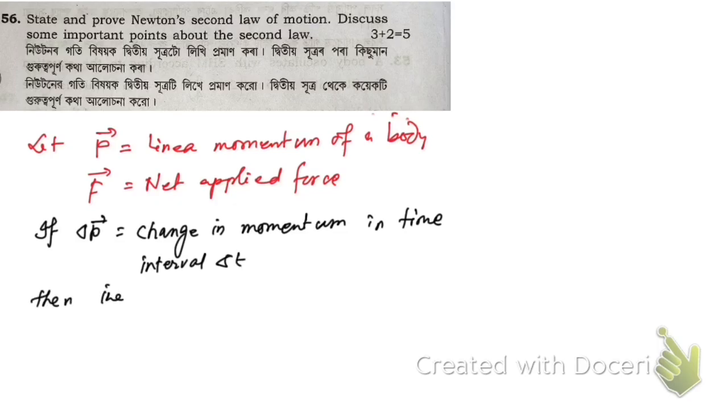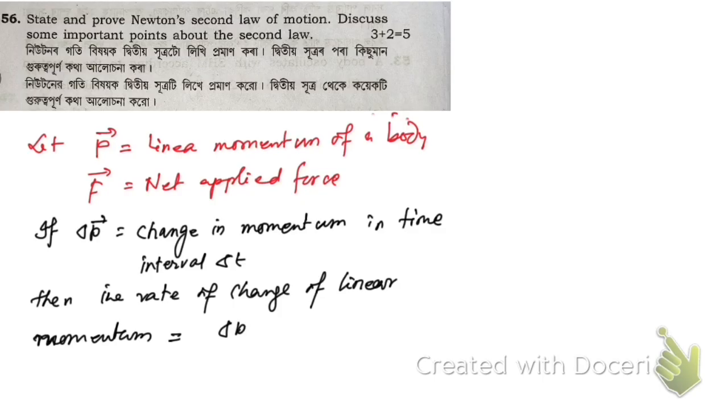the rate of change of linear momentum will be given by del P by del T, right?